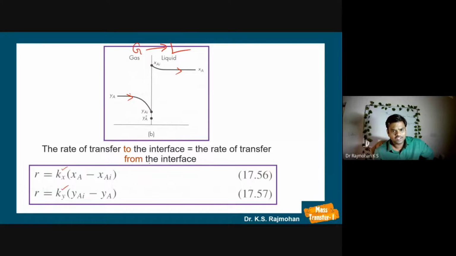We can always write the mass transfer taking place as XA minus XAI, YA minus YAI. Because at steady state the rate of this is equal to the rate of that, we can always have the relationship, and we can write this ratio equal to this one.